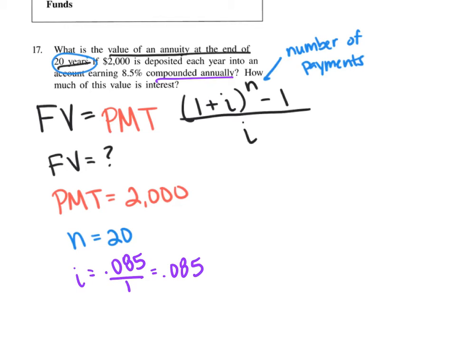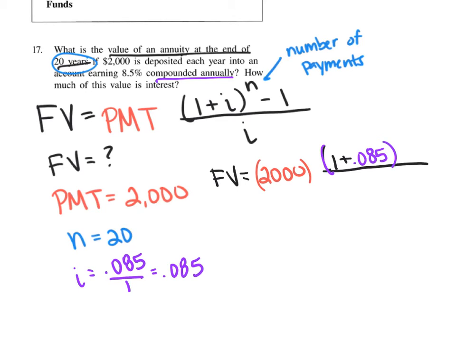Plugging into the formula, I get the future value is equal to my payment, which is $2,000, times 1 plus my I, which is 0.085, raised to the n, which is 20, minus 1.